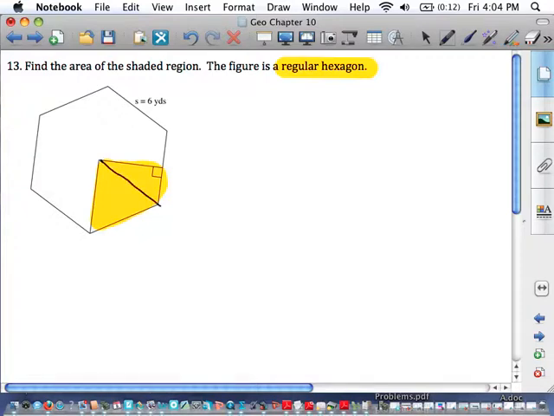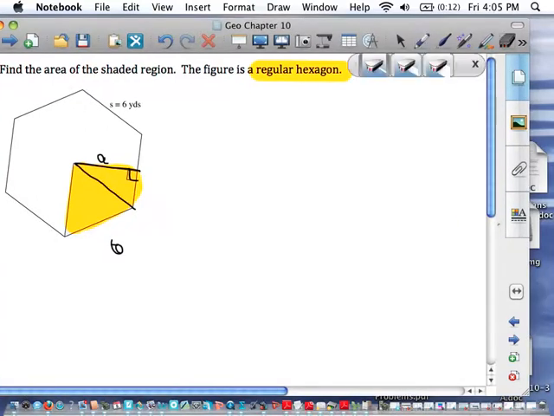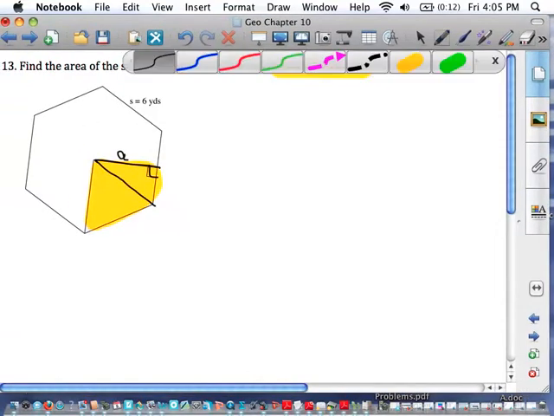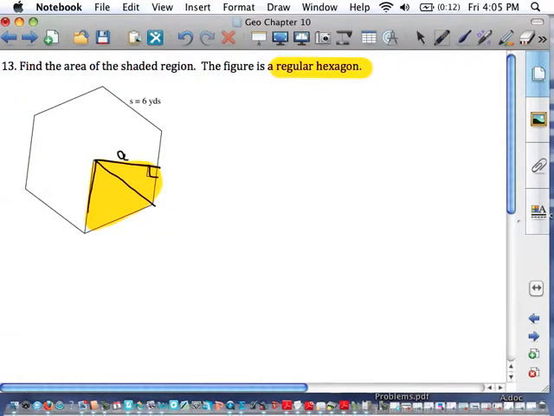So let's identify some of the lengths we have. Since this segment is perpendicular to this base, that must be the apothem, A. This is, again, a side. The side is 6. And I'm looking at this equilateral triangle.